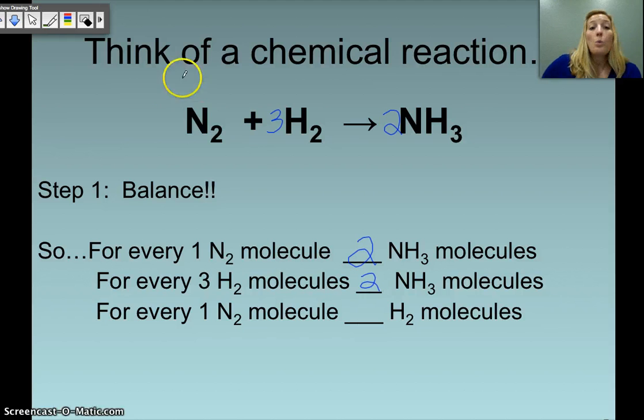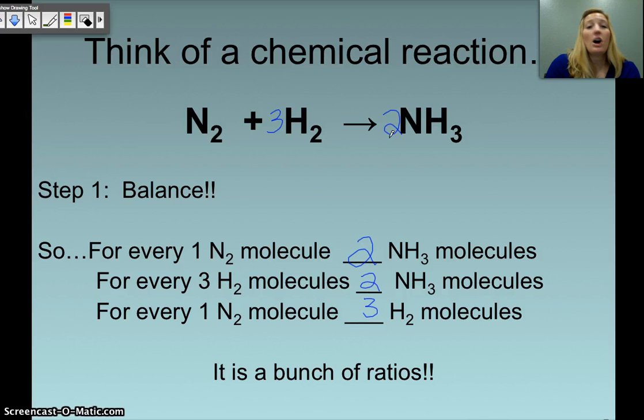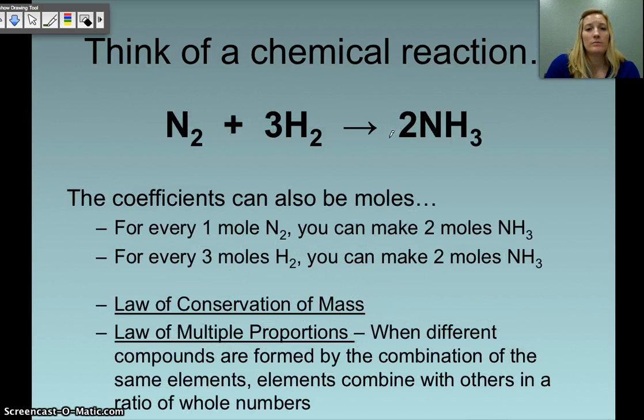And for every 1 N2 molecule, we need 3 H2 molecules to go with it. So we're using these coefficients out in front just as ratios of how many go with each one. It's all just a bunch of ratios.